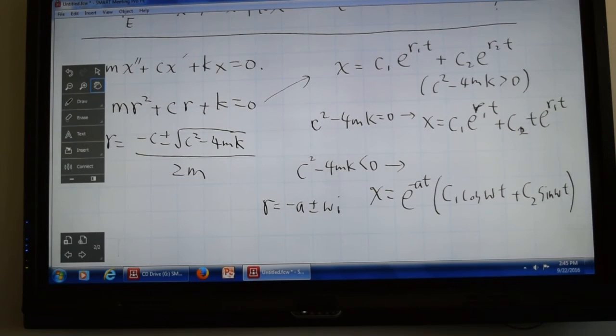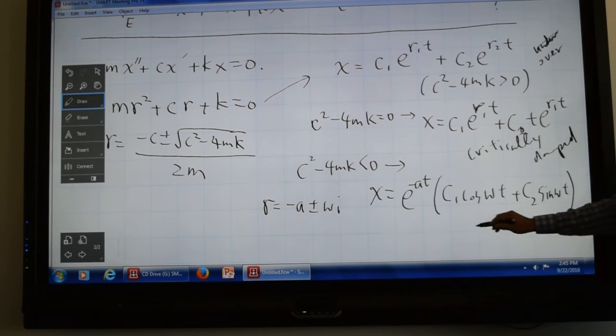This one is overdamped, this is critically damped, and this will be underdamped. Of course, there's the other case where there's no damping at all. If there's no damping, what happens? It will never stop.